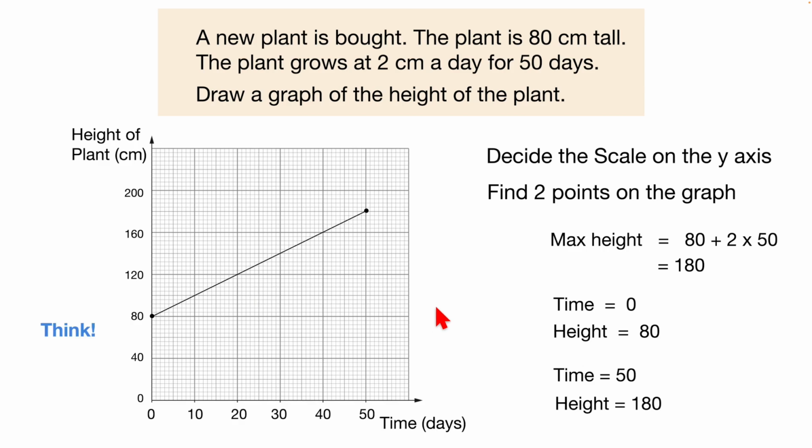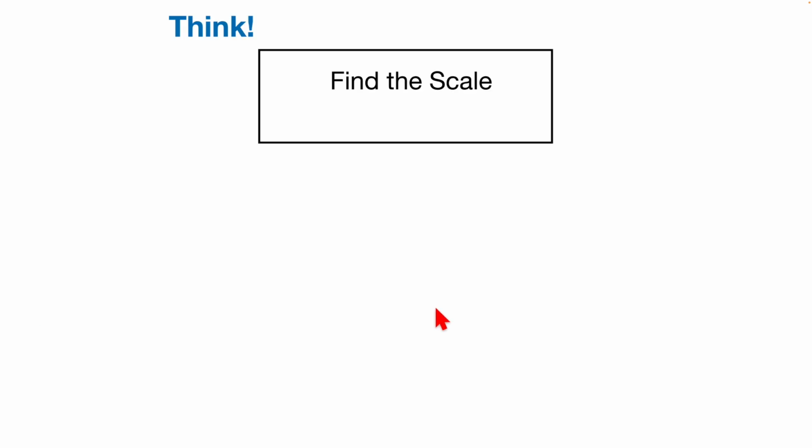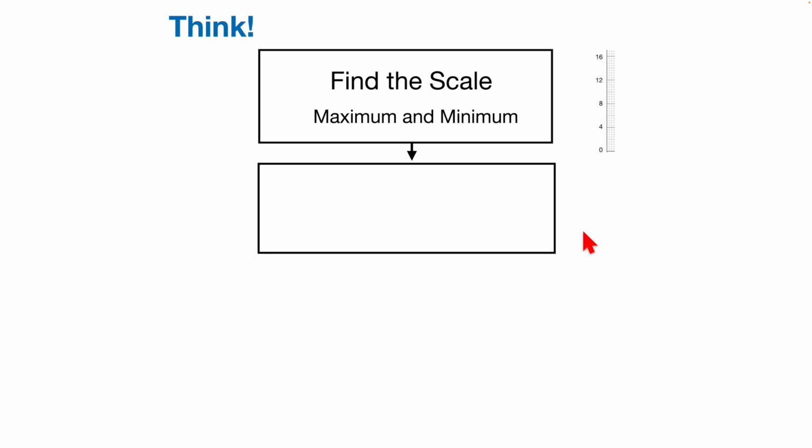Right, so let's have a little think about what you do. First of all, you have a think. You need to find a scale. You can't draw any points without a scale, and you need the maximum and the minimum values, which will enable you to determine your scale. Then you find 2 points. Time 0 is a banker. The other one is just a guess, time 10, say, or whatever.